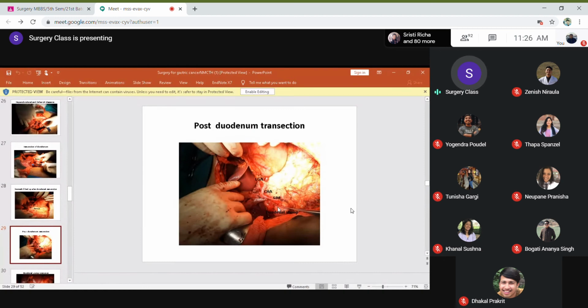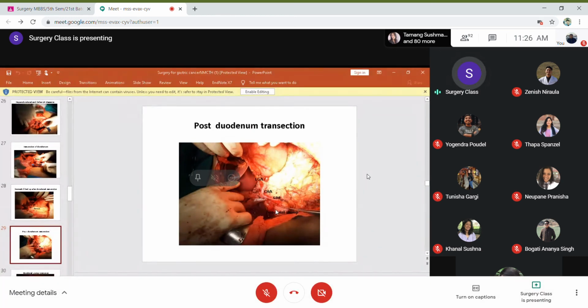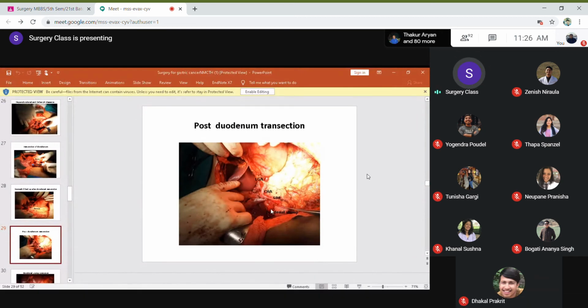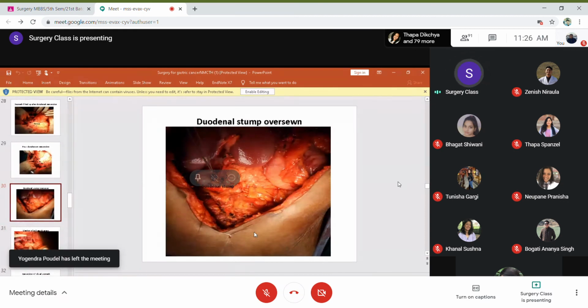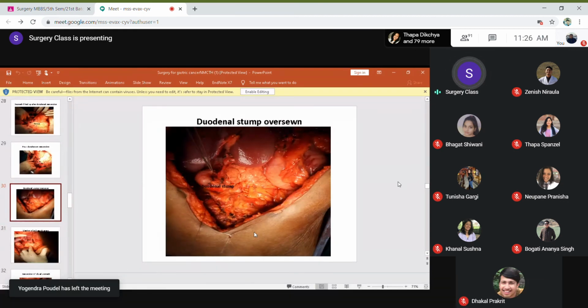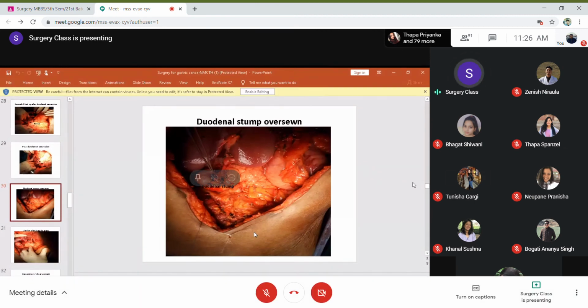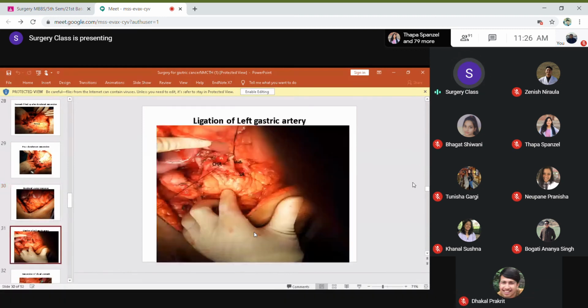We see that the stapler has fired a line there, which has closed the duodenum. So there is no leak, and you can see nicely the vessels. The duodenal stump is usually not required to be oversewn, but some surgeons don't trust the stapler and they sew the duodenal stump.